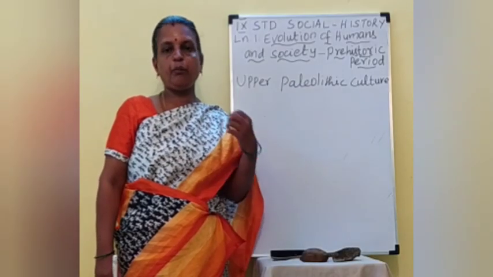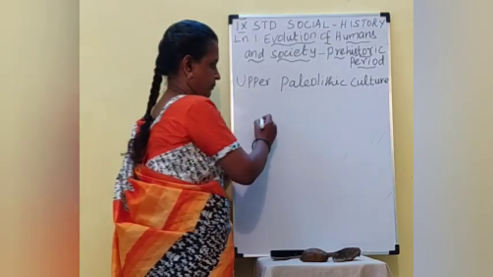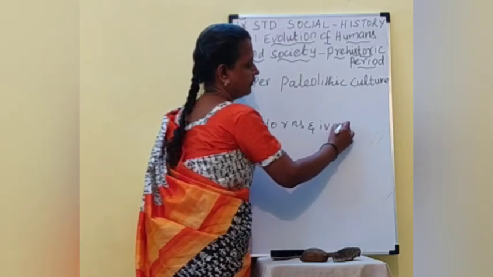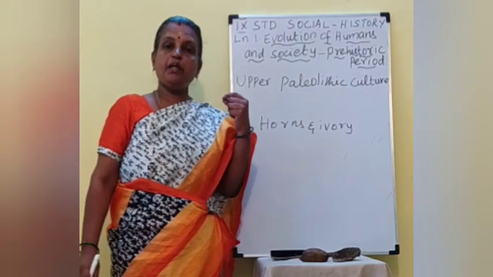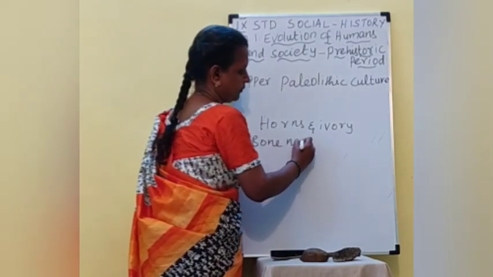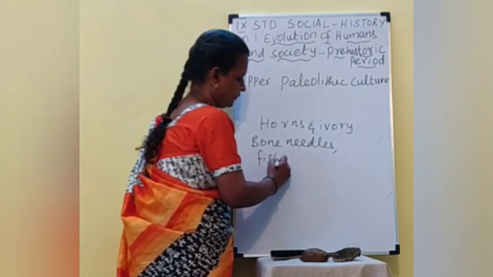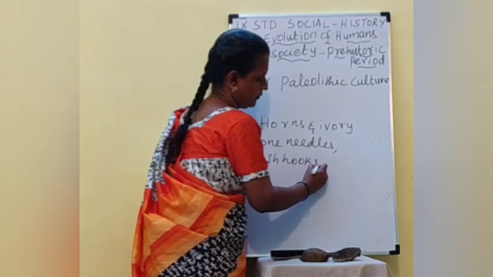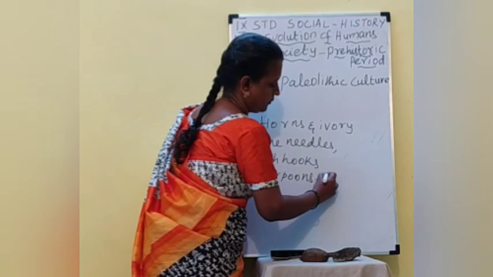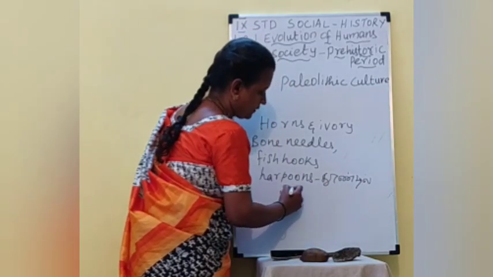Horns and ivory were used for preparing tools and art objects. With this, they prepared bone needles, fish hooks, harpoons, and spears.